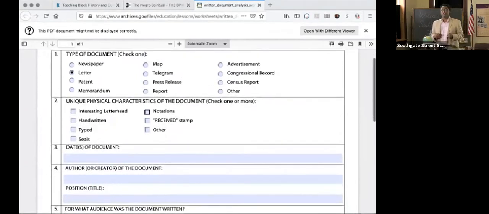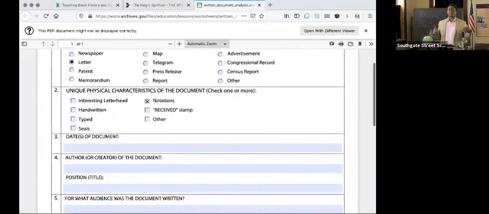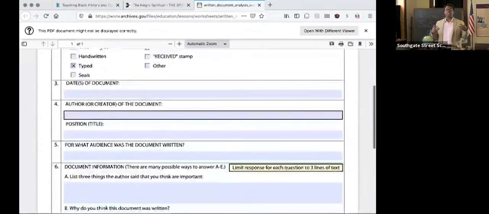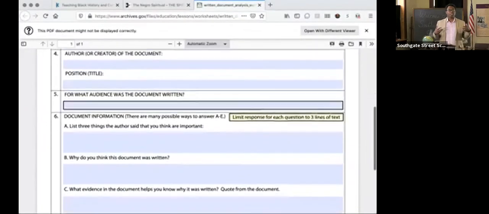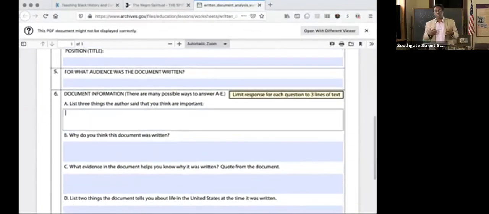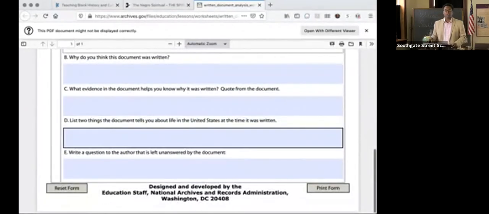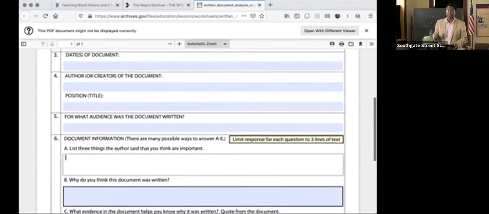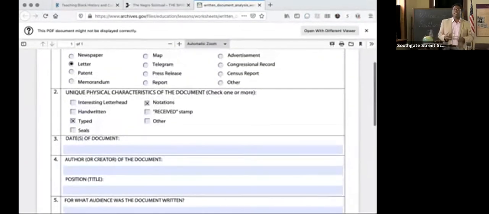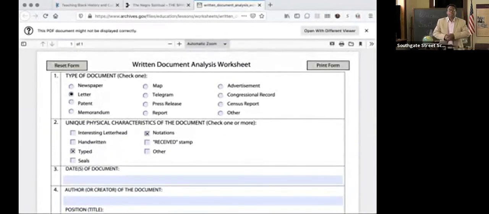So rather than giving an hour lecture every class, students will have the ability to do a deeper dive and analyze some of the cultural forms as they relate to African American history. So now I'm not just memorizing the fact that Abraham Lincoln passed the Emancipation Proclamation in 1863.